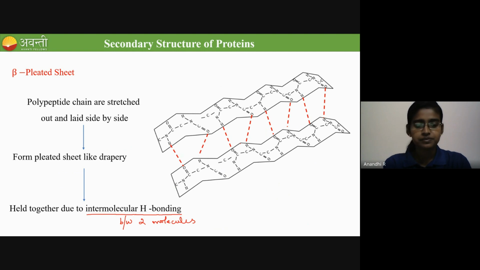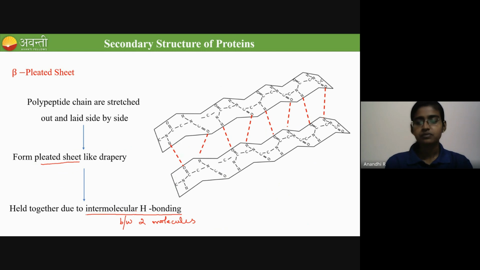In case of alpha helix, it is a right-handed helix, and hydrogen bonding is the interaction over there. Here, they are forming a sheet-like structure, which is called beta pleated sheet, and the force existing between two sheets is called intermolecular hydrogen bond.